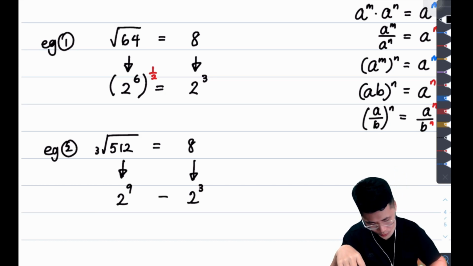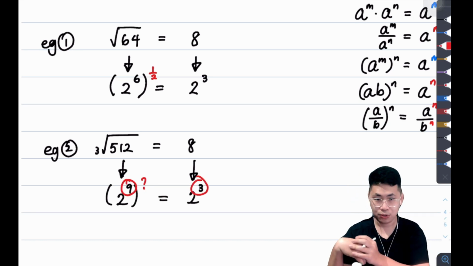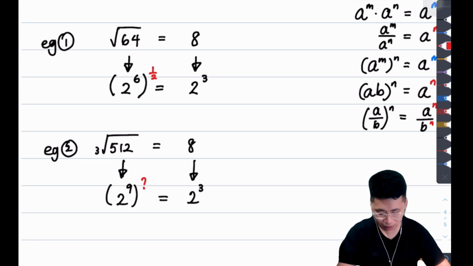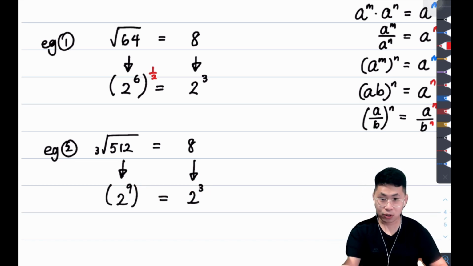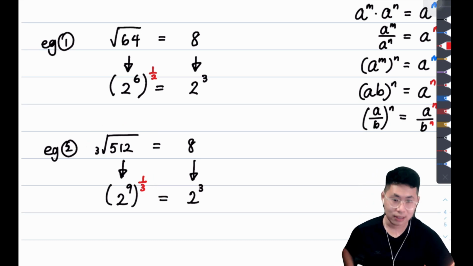So what is the power such that I will make this 9 become a 3? The action of my cube root is to multiply the index by 1/3. So technically, the action of the cube root means the power is 1/3.